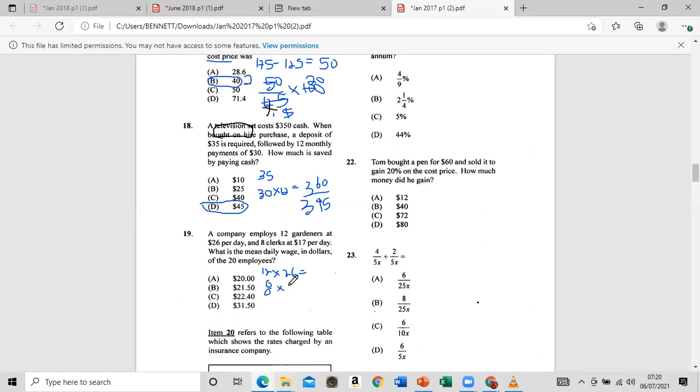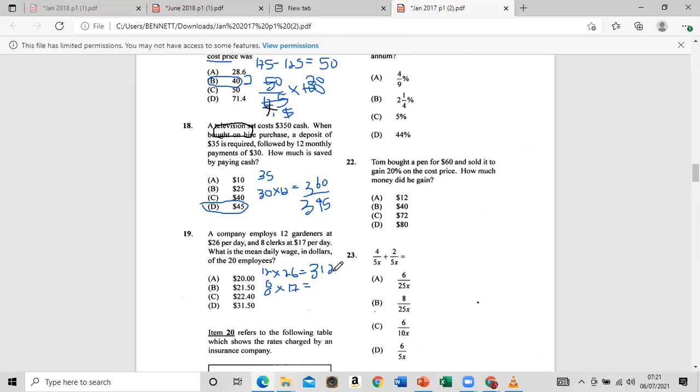See, you're already halfway, just by reading. So 12 times that, 2 times 6, that works out to 312.